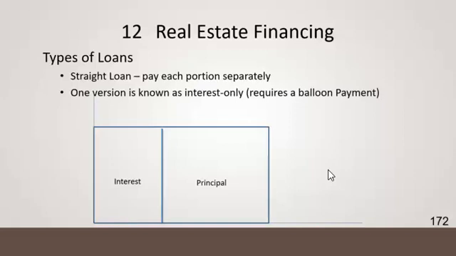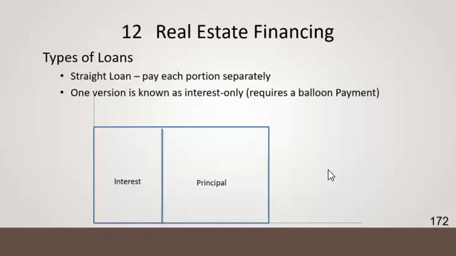That's the big difference. A true straight loan pays interest, then principal, and when you're done, the balance is zero. An interest-only loan pays all of the interest, and when you're done, your balance is exactly what you started with, because all you're paying is interest.